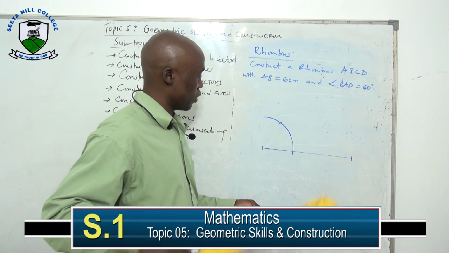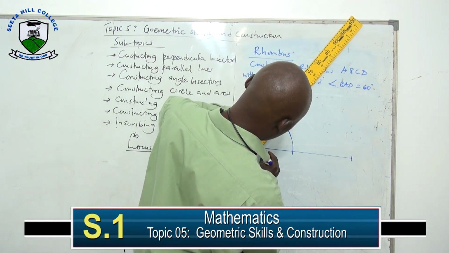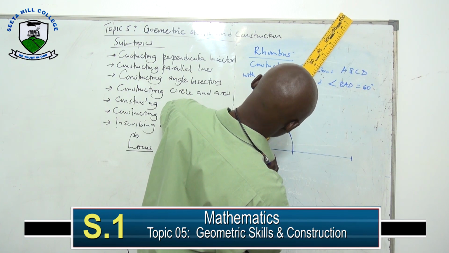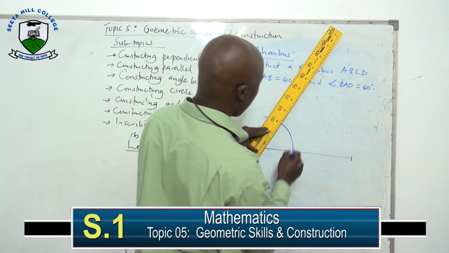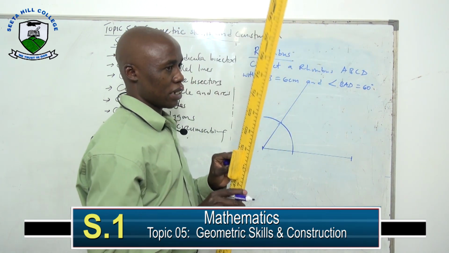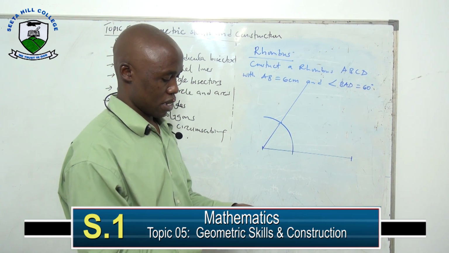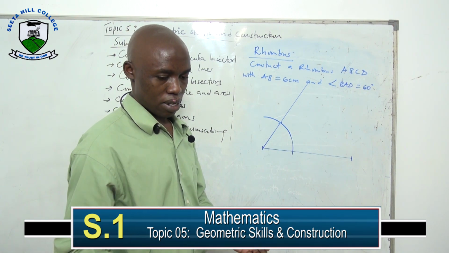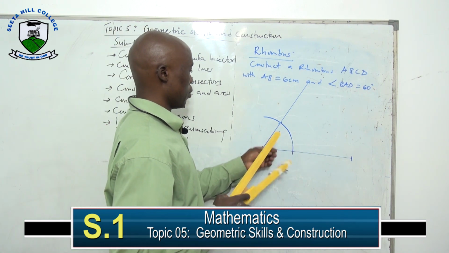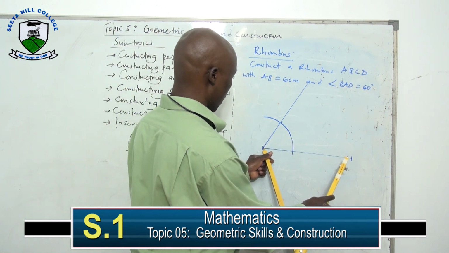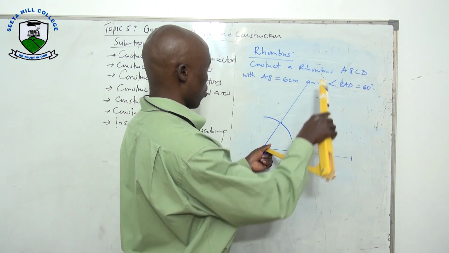Then after that we have it 60 here. Now you measure 6 centimeters because the rhombus has all sides equal. Hope it will fit.